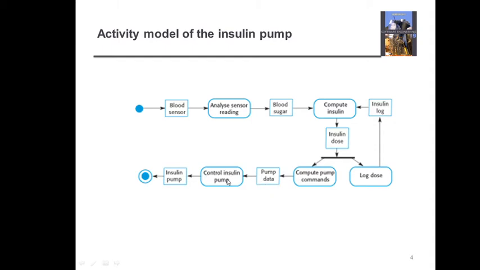Control insulin pump, right? So the amount of insulin has to be taken from the reservoir based on these commands. This is what controls the insulin pump. It will fetch the insulin from the reservoir, then insulin pump, and then the needle assembly will help us to inject it into the human body. So this is what an activity model for insulin pump control system is, right?